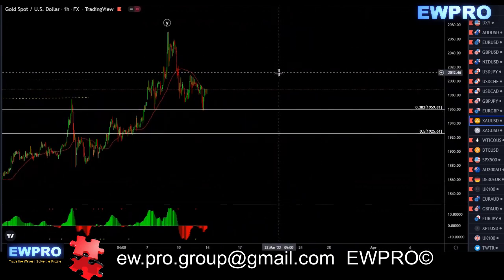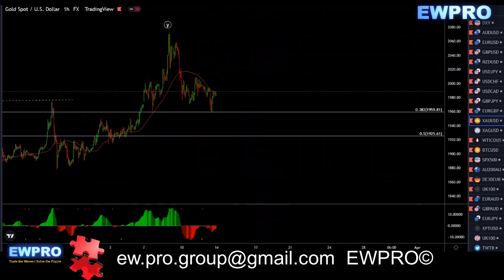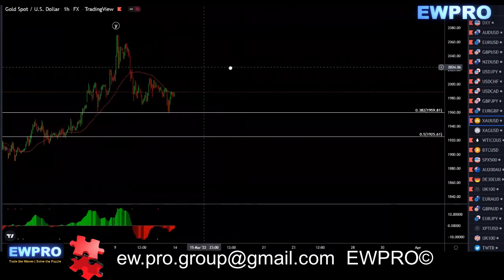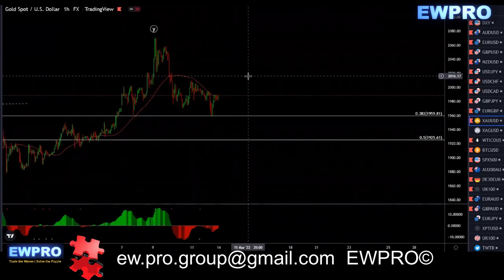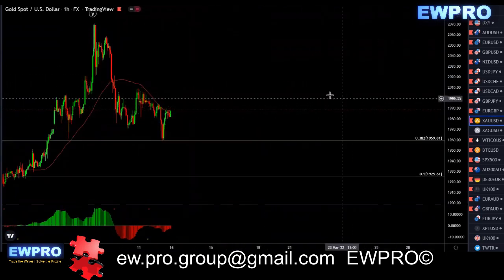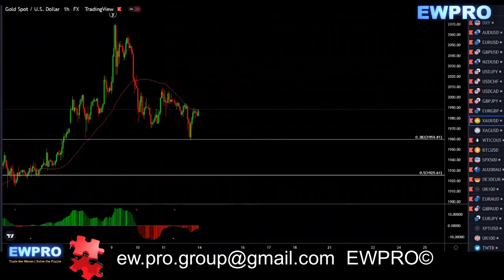On the H1, we're starting to get bullish divergence here, but this may be an A, B, we get a C up, and then we get like an A, B, C. I mean, there is a little bullish flag happening in here now.